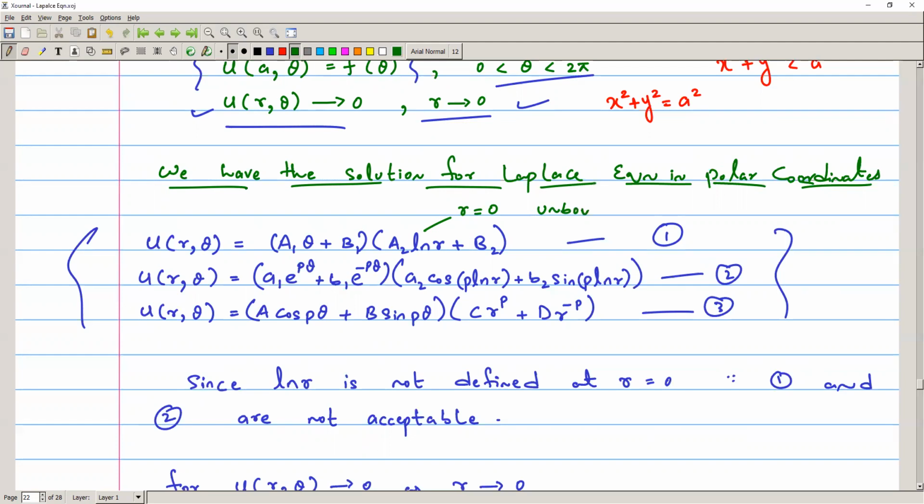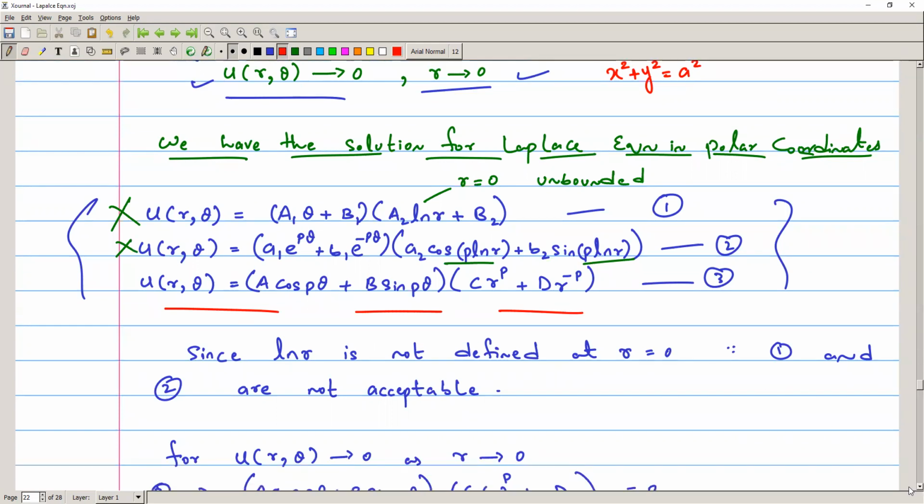But what we need here is a bounded solution, therefore we don't need this case, right? And again here it's also ln r, and for ln 0 it's again infinite and unbounded, therefore we don't need this one too. So the only solution that we are going to use is this one, right?